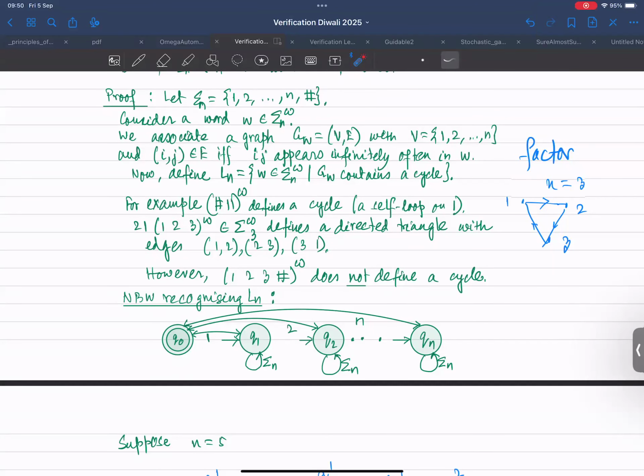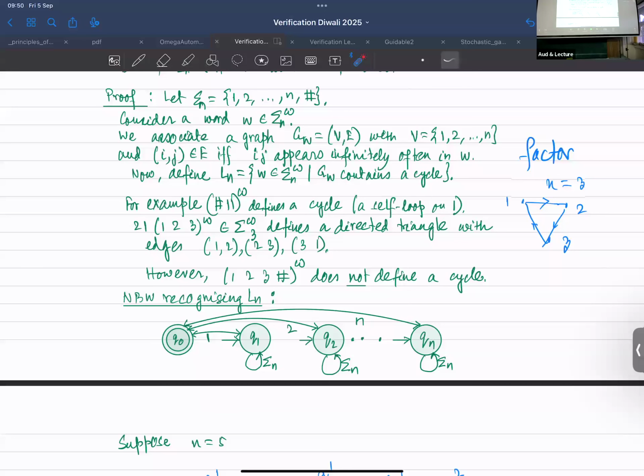With sharp, I cannot see any transition with sharp in this automaton. No. So here, the set of letters on which you are making the... Oh, okay, sigma n, and sigma n includes the sharp symbol. Yes. Okay. Sorry, yeah. Okay.